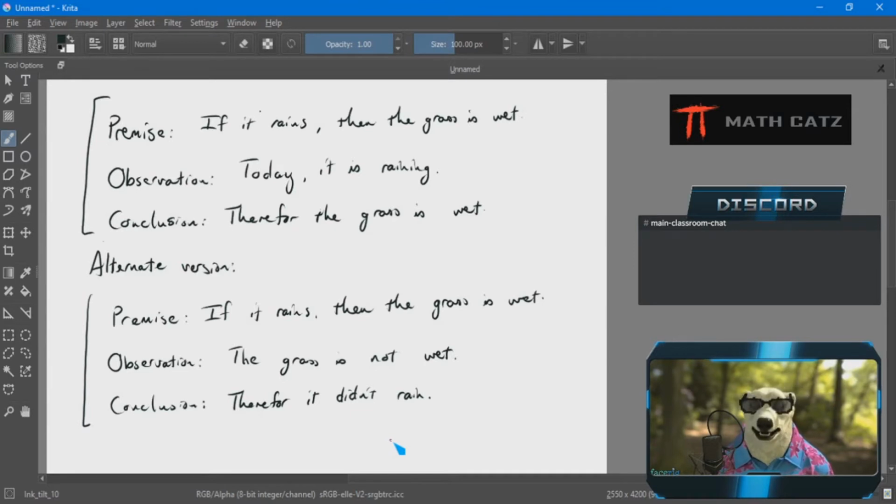It's the exact same argument, deductive reasoning. Any questions on this alternate version of the same thing? So quiet. Sounds good. Okay, good.